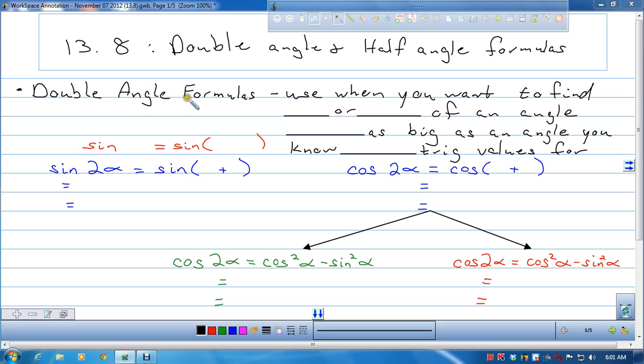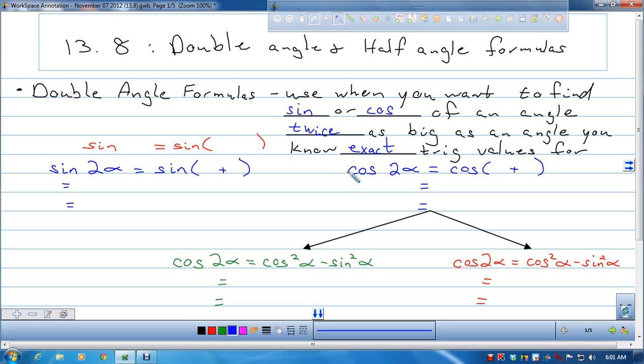So we're going to use these double angle formulas when you're going to want to find the sine or the cosine of an angle that is twice or double, twice as big as an angle that you know the exact trig value for.